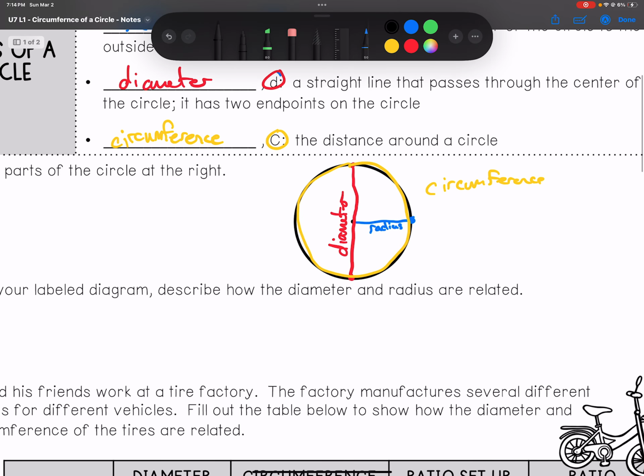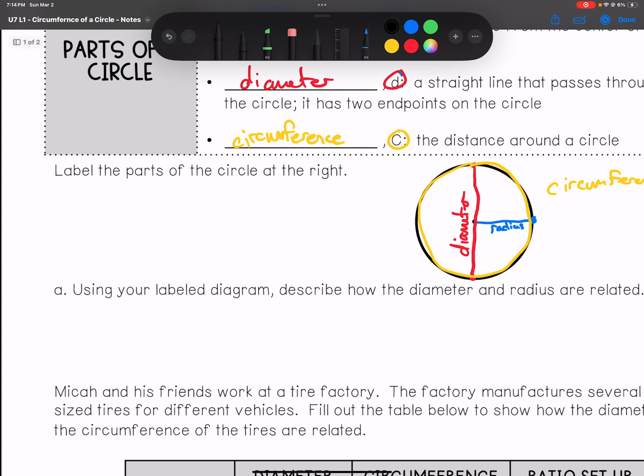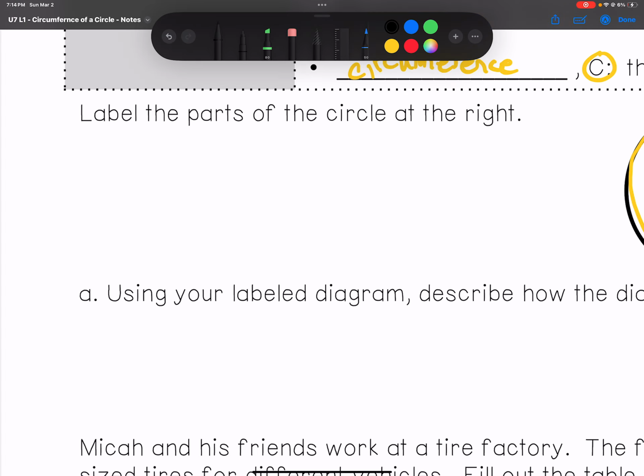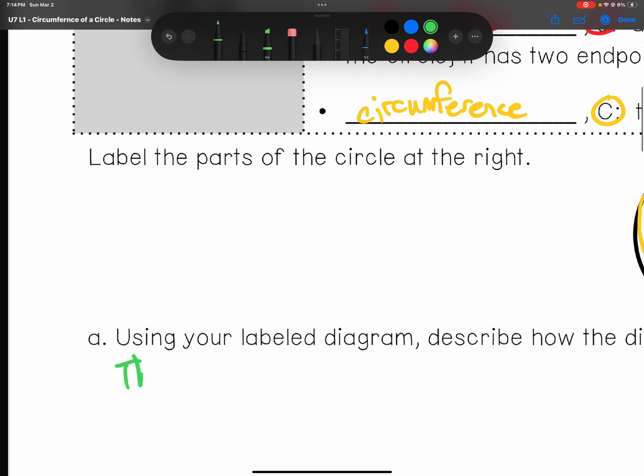Using our little diagram, describe how the diameter and the radius are related. Well, I've kind of already talked about that. The diameter is 2 of the radius.